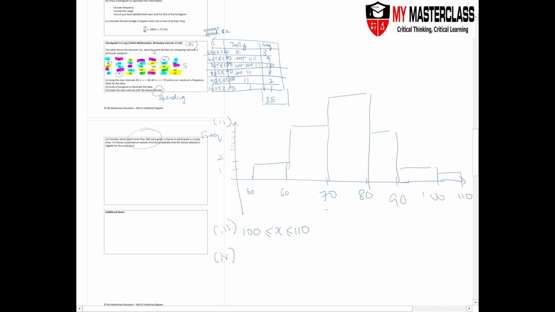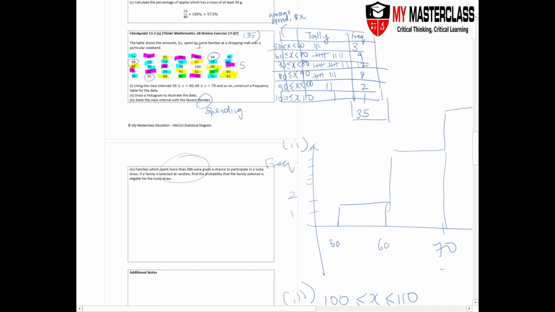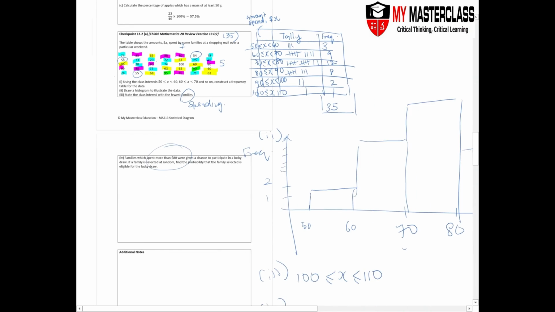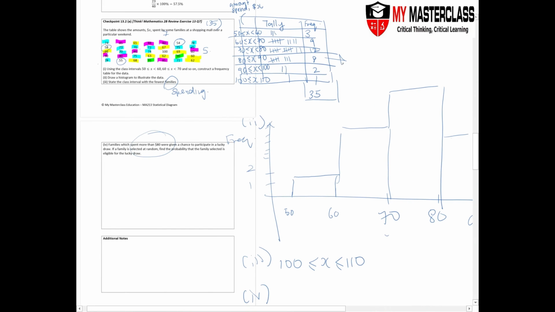This is lesser than 80, more than $80. Is there any that considers as 80? Yes, there is 1, 2, 3, 4, 5. So out of this particular frequency, there is only 3 that is not 80. It is 80 and above.